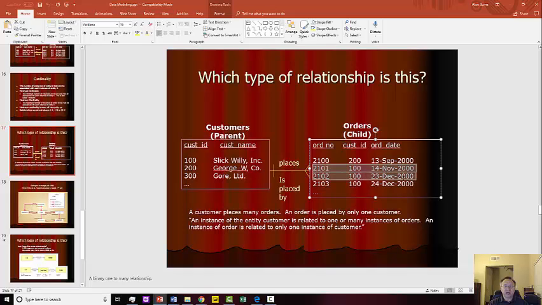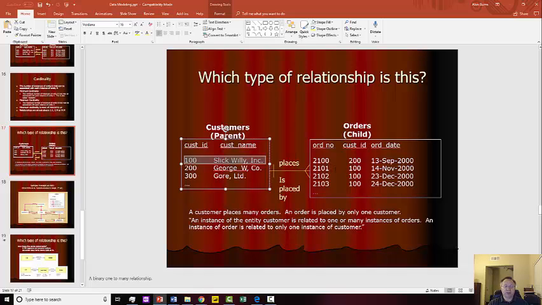We actually have three instances here related to this one customer instance over here. So therefore, one customer may place many orders. One more time, one customer, Slick Willie, may place more than one order, so it's a one-to-many relationship.